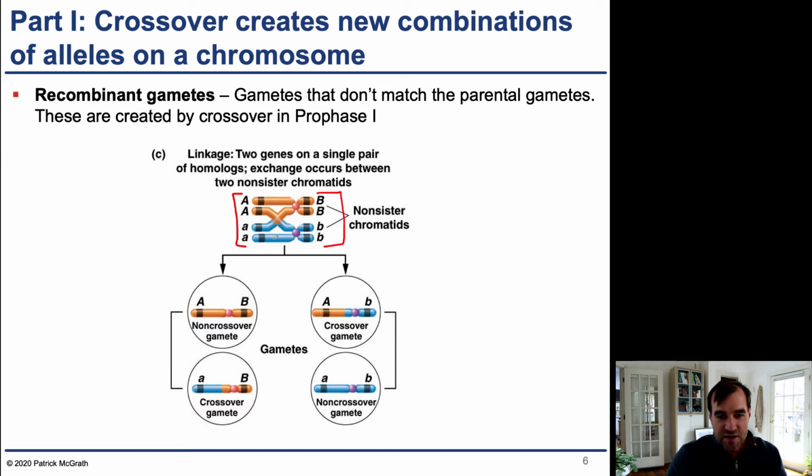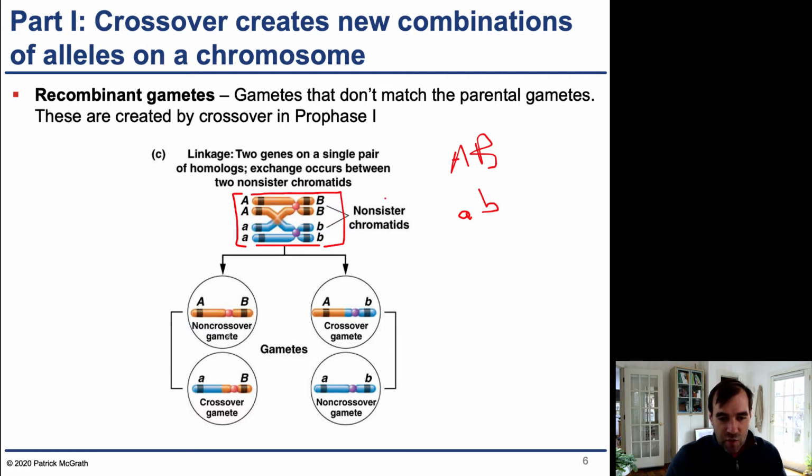You can see this by the original parental combination, the blue being little a, little b, and the orange being big A, big B. If crossover didn't occur during prophase 1, the only types of gametes that could be produced by this individual are big A, big B, or little a, little b. But because crossover occurs, we can now also produce these new combinations.